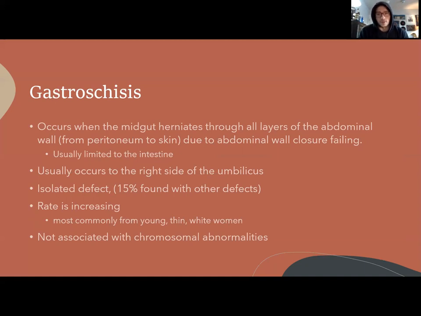And this one is also going to be associated with high alpha fetal protein concentrations in the maternal serum and fetal amniotic fluid. But most commonly, it is associated with women who get pregnant when they're extremely young and thin, as well as white women are predisposed. This one, unlike omphalocele, has no chromosomal abnormalities associated with it, while omphalocele did.